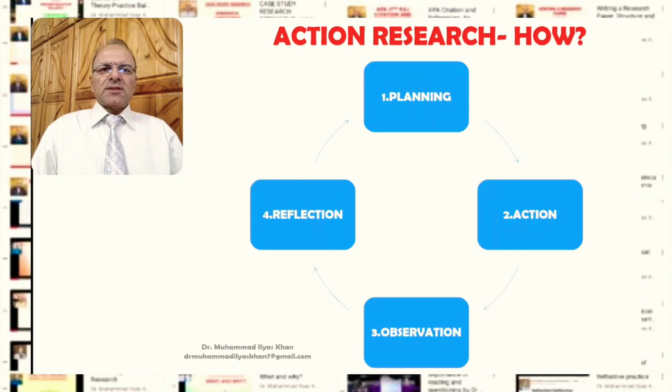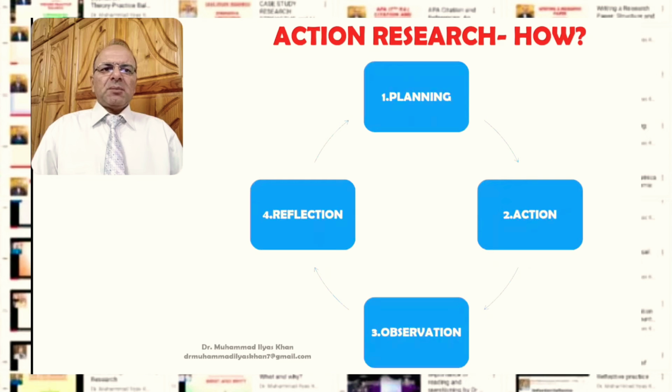As we know that it's a cyclic reiterative process, so reflection can again lead to further planning and action and observation, and so on till the practice is improved or till the action takes place in real meaningful sense.